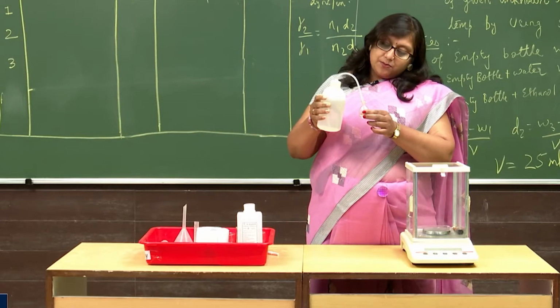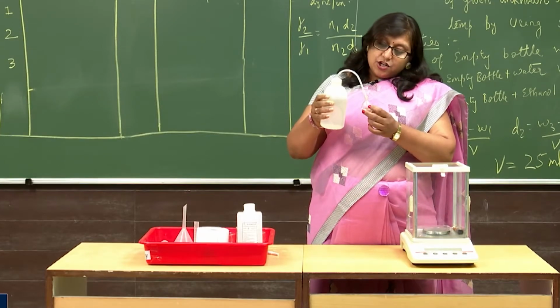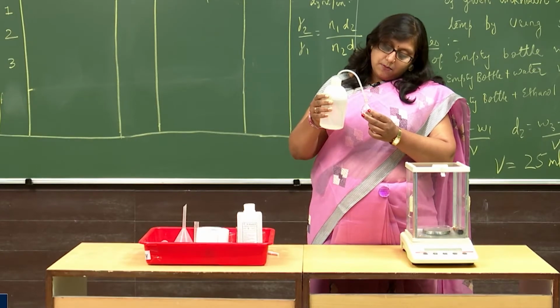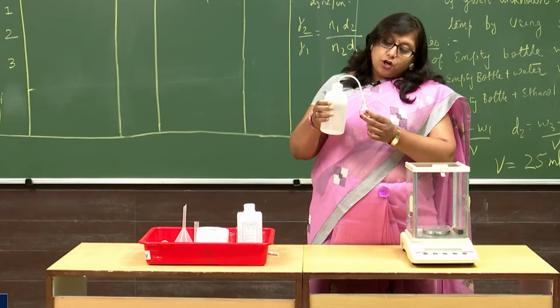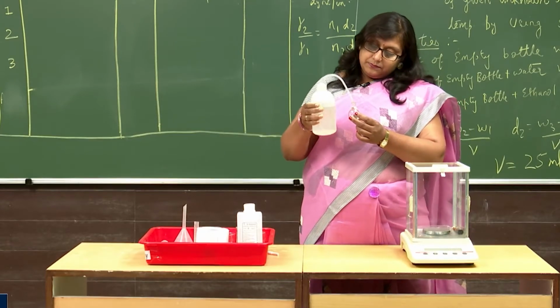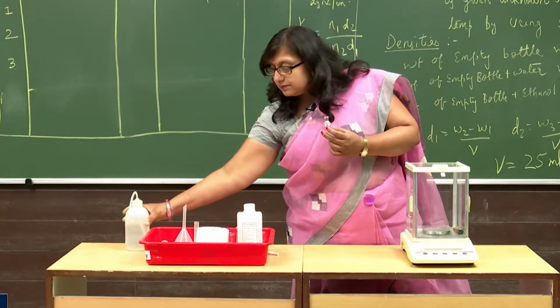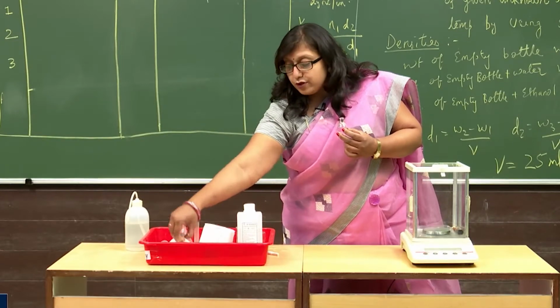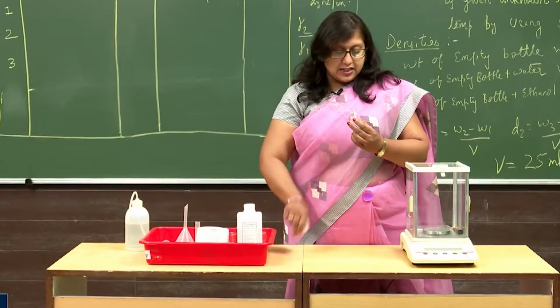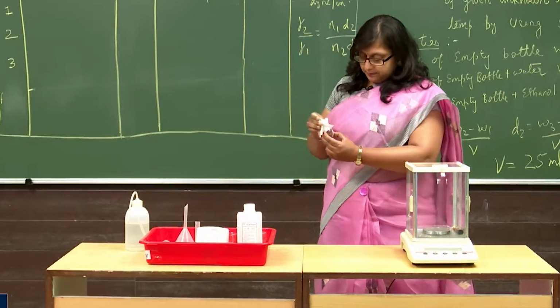Now I am going to take out this bottle and fill it with distilled water. The volume of the density bottle is fixed, so 25 ml of water is going to fill this bottle. The volume for the calculation is fixed, it will be 25 ml. Before keeping the bottle on the weighing machine, we are going to wipe it with tissue paper.